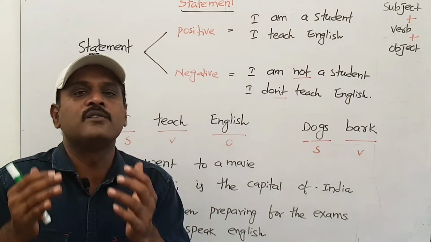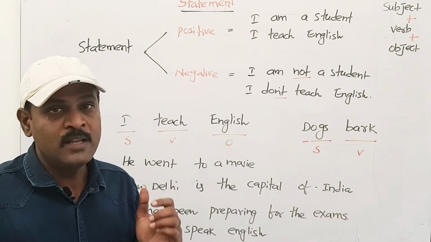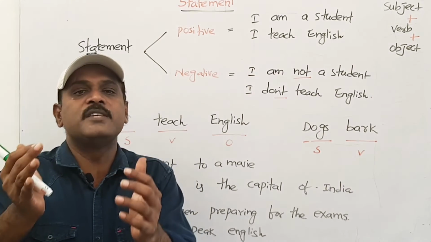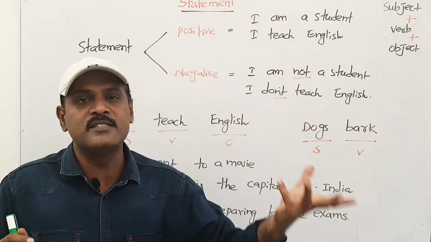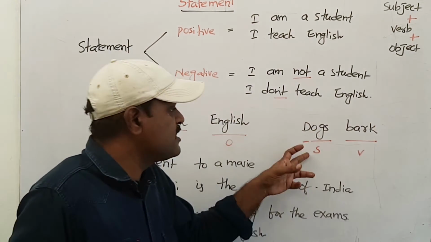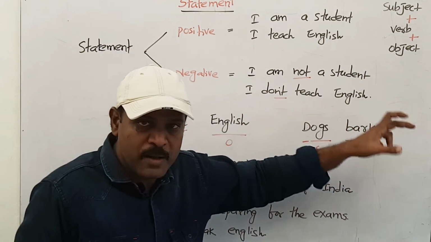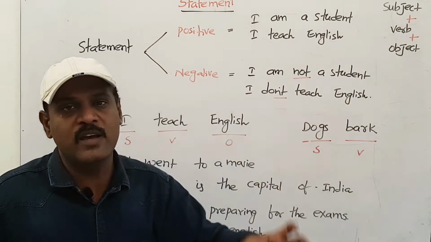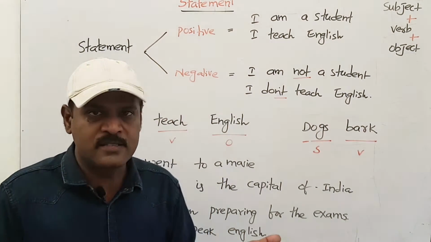Every verb has forms, like teach, taught, teaching. Sometimes we omit the object, but if it gives complete meaning, then it is called a statement or sentence. Example, dogs bark. Dogs is the subject. Bark is the verb. There is no object here, but it gives complete meaning. That's why it is considered a statement or sentence.